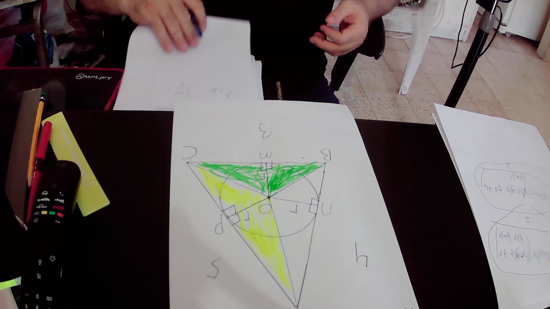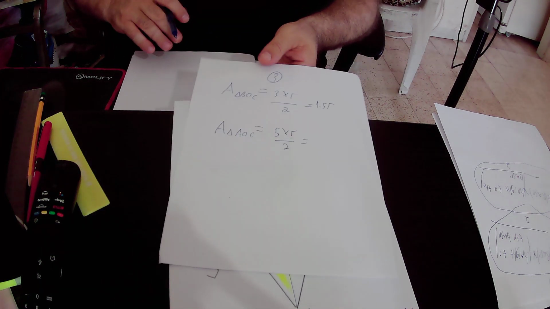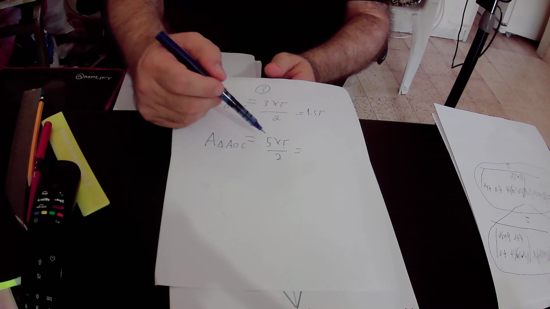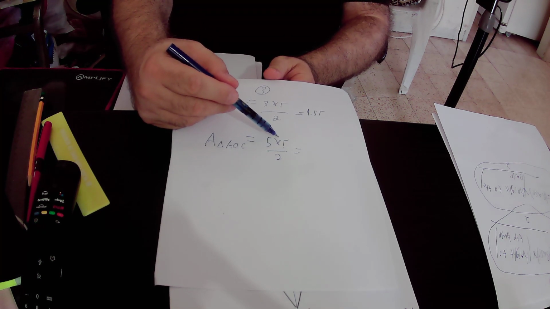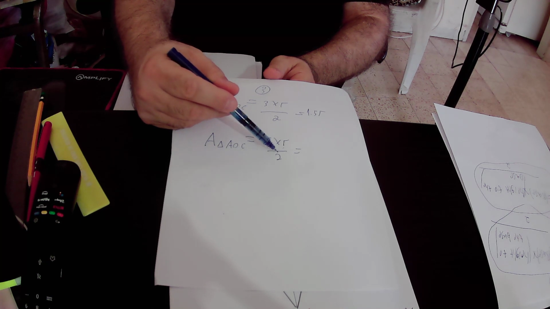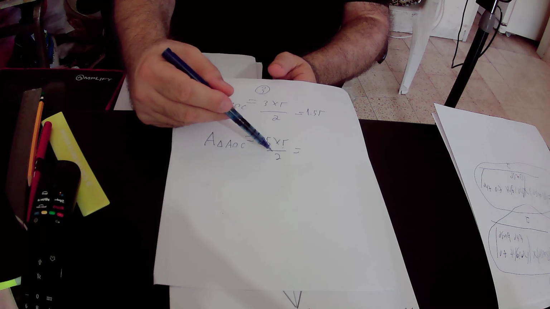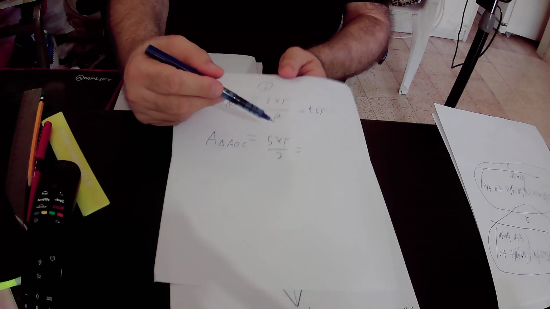Or as you can see here, the area of the yellow triangle equals the base, that is 5 units, times the radius, that is the height of the yellow triangle, divided by 2. 5 over 2 equals 2.5, so I will write it down.